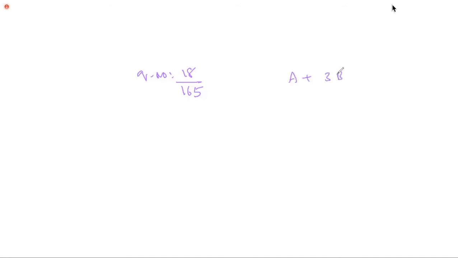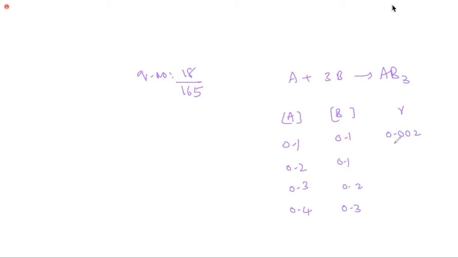A plus 3B gives rise to AB3, right? They have given A concentration versus B concentration and the rate. Has everyone gone through the question?